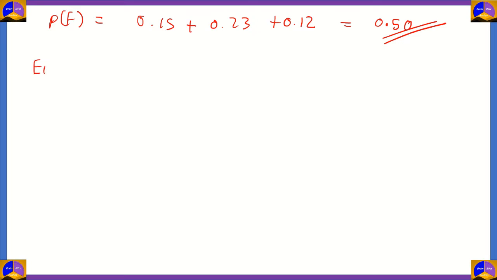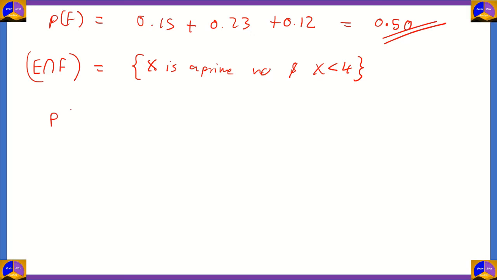So what is E intersection F? Well, the event E intersection F can be defined as x is a prime number and x is less than 4. So that means the probability of E intersection F occurring is the sum of the probabilities of x equals 2 and x equals 3.